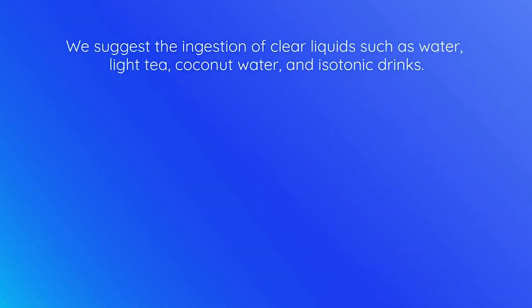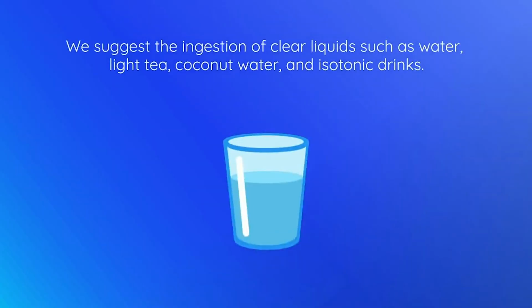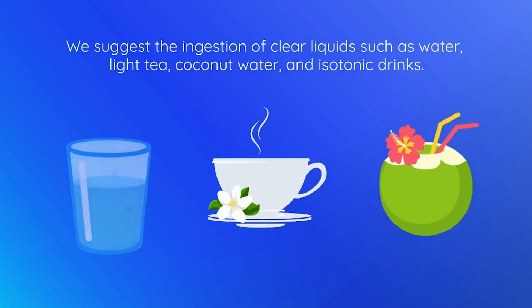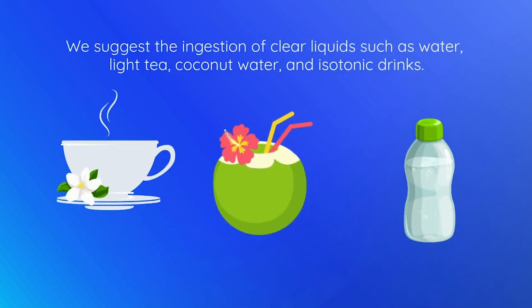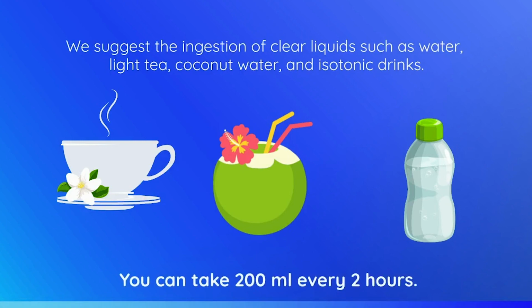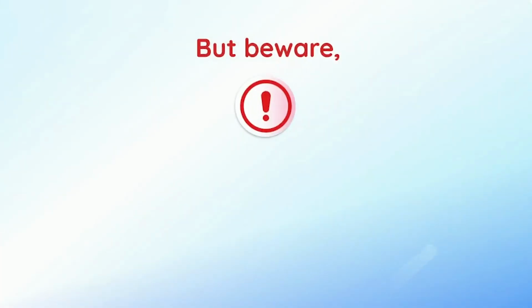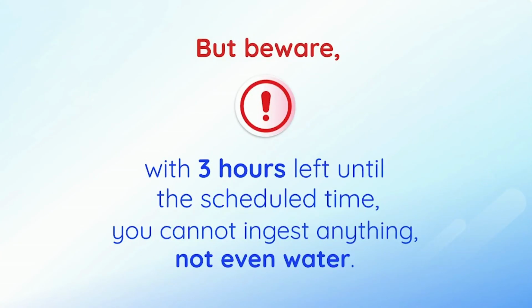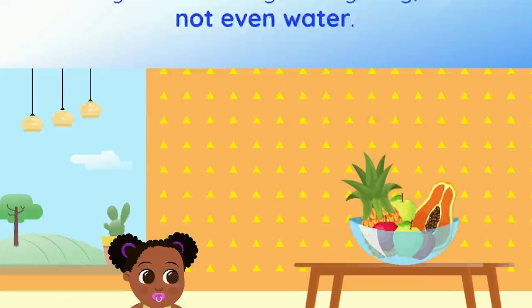We suggest the ingestion of clear liquids such as water, light tea, coconut water, and isotonic drinks. You can take 200 milliliters every 2 hours. But beware! With 3 hours left until the scheduled time, you cannot ingest anything, not even water.